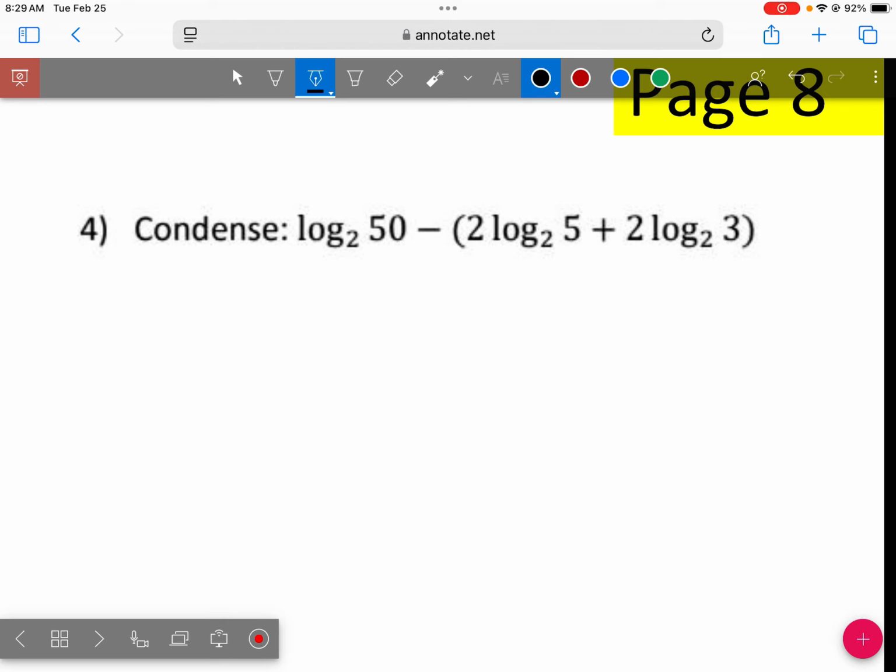So let's try to do number 4. Addition becomes multiplication.